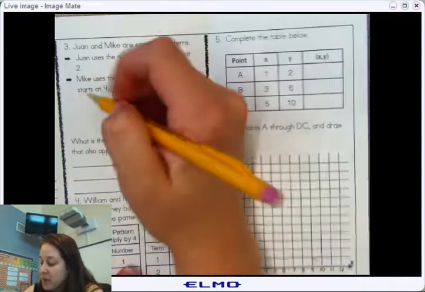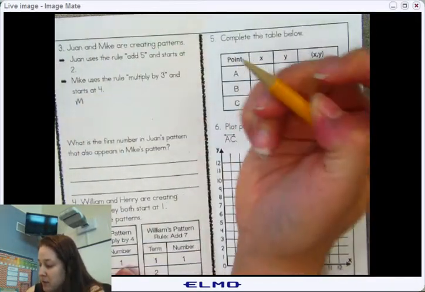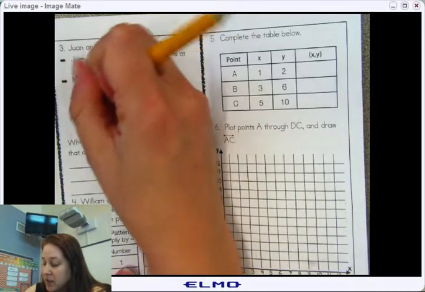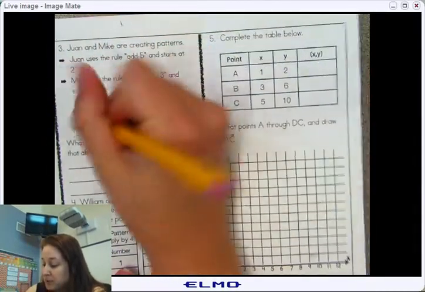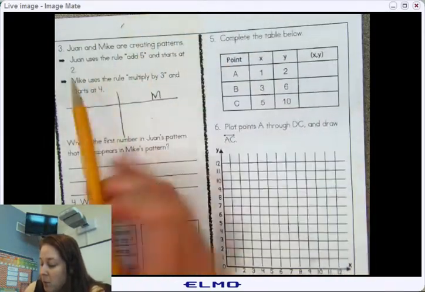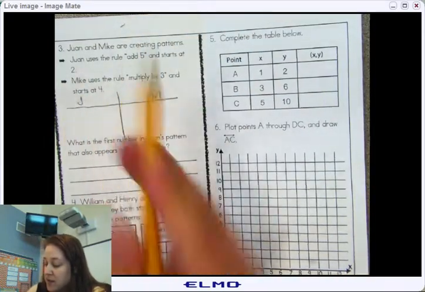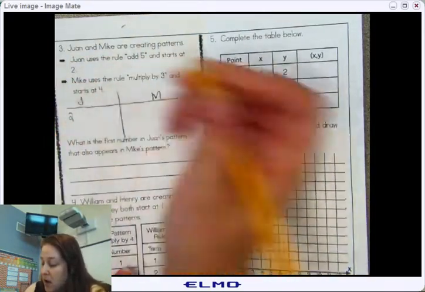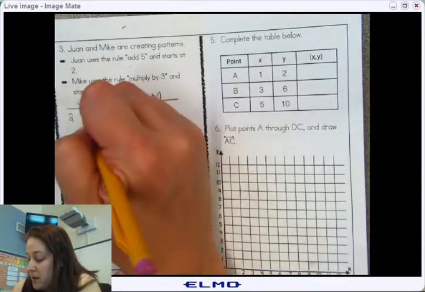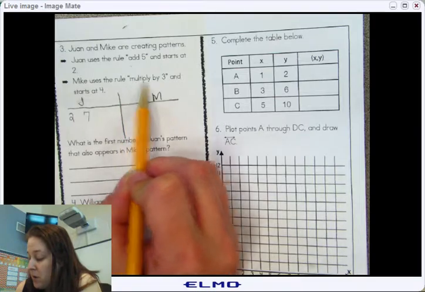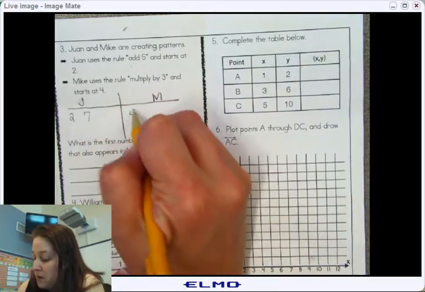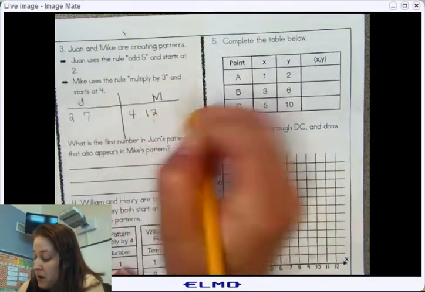So I'm going to do Juan first because Juan's listed first, and Mike. I'm going to create 2 separate lists here. Juan is add 5 and starts at 2. So he starts at 2 and he adds 5, 7. Mike uses the rule multiply by 3 and starts at 4. 4 times 3 is 12.